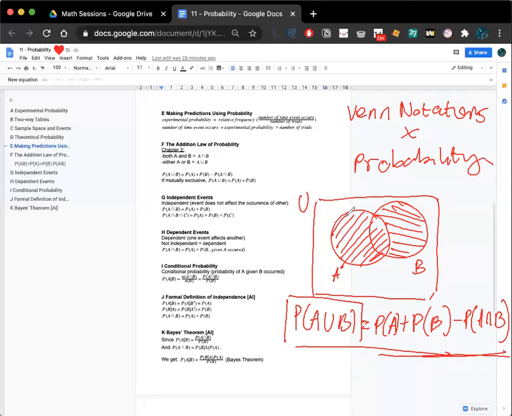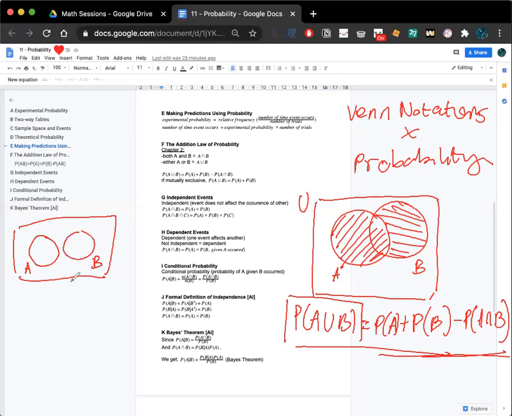And then there's also another situation where set A and set B can be mutually exclusive. Mutually exclusive means that they have no intersection because it's a separate situation.